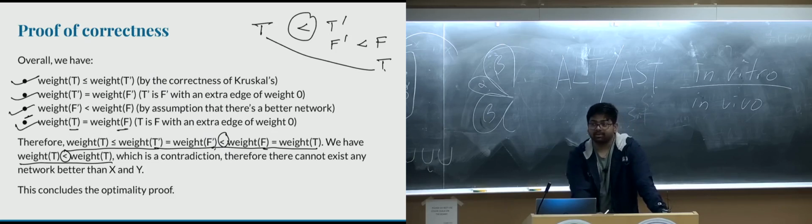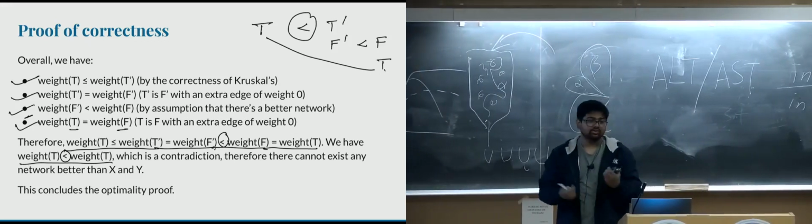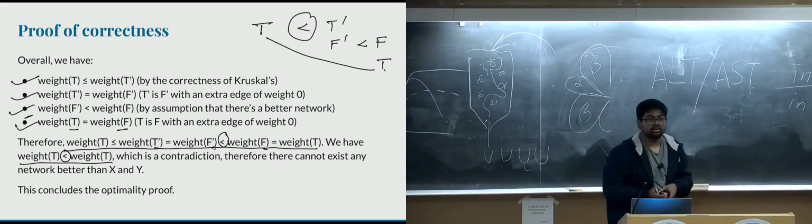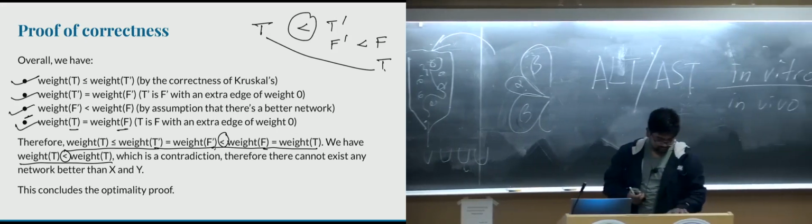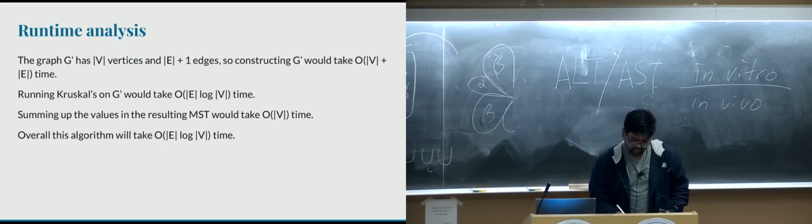Okay. What about the runtime? Anyone? So what we did was, we just added a new edge. That's it, and we ran Kruskal on that. So it will be the runtime of Kruskal only, right? The total number of edges in the new graph is E plus 1.